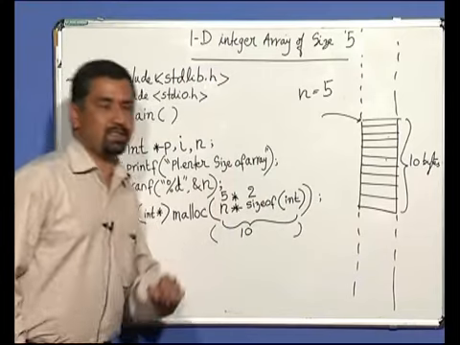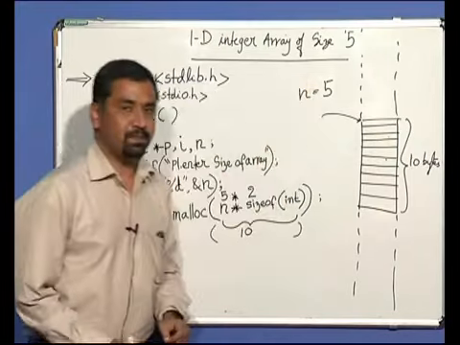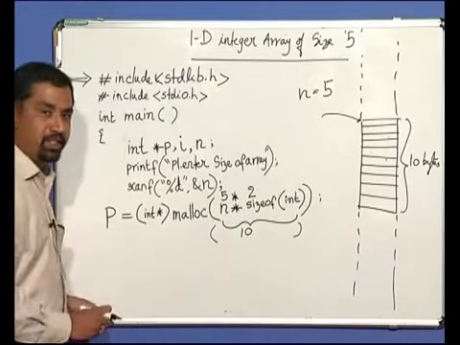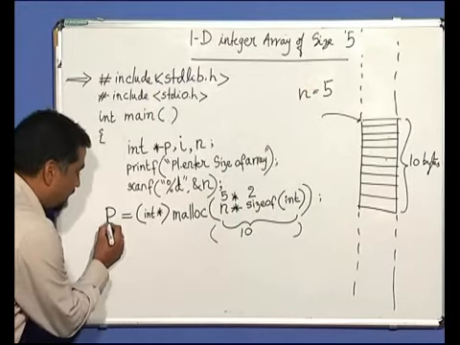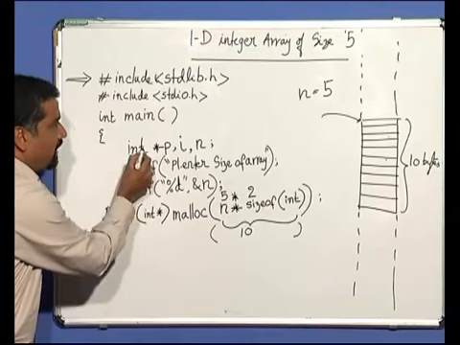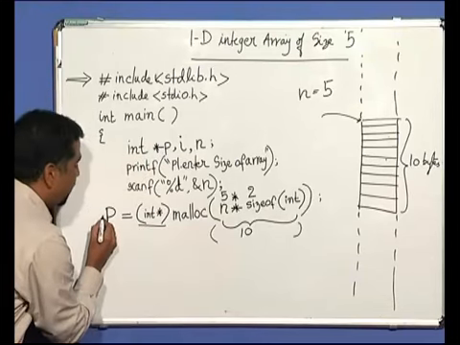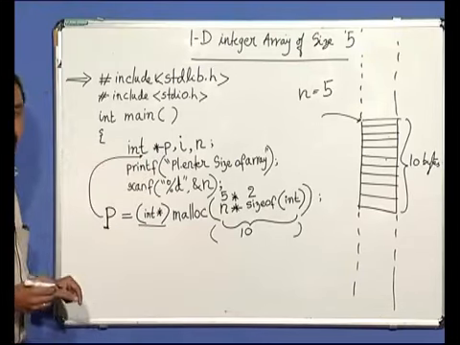Here in this case we want to use the block for integers, so it has to be cast to integer pointer. Please notice that on the left hand side of the equal to sign you have p, which has already been declared as a pointer to integer. So this type and this type should match.